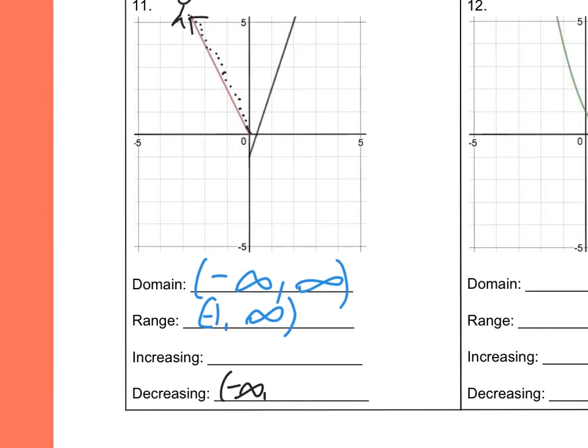So negative infinity to 0, he was decreasing. Then he kind of jumps down here to this line. What's he doing here? Increasing. But this is my X pathway though. So where on X is he doing his increase? That's from 0 to infinity.